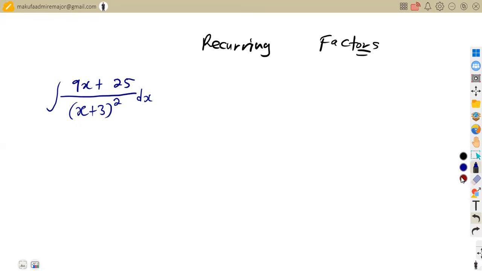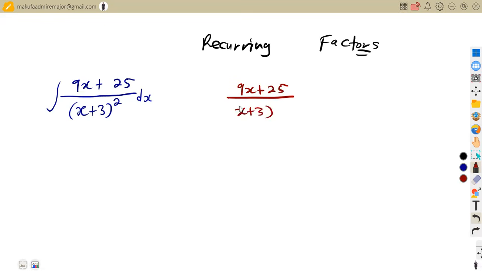What you are simply going to do is take each part. You're going to start with x plus 3. If it was to the exponent of 3, we increase our exponent up to the last exponent that you're given, starting from 1. Let me explain this by writing what I'm trying to say.